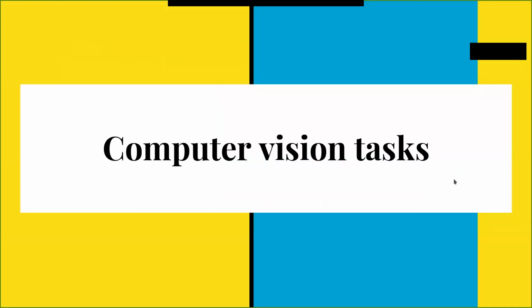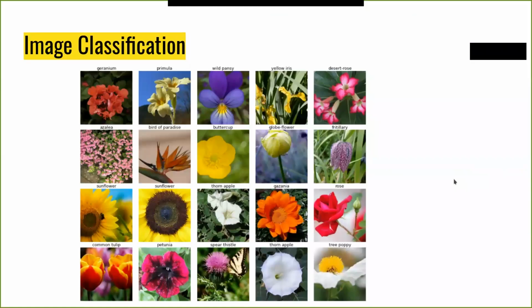So let's look at some of the common computer vision tasks. The first is image classification. Given a set of flowers, based on computer vision we need to classify whether the given images belong to a particular class of flowers.